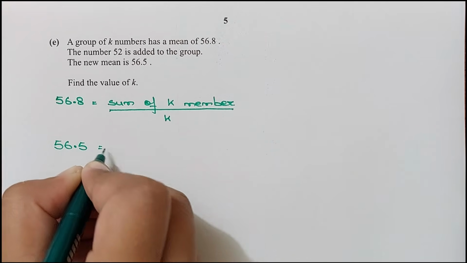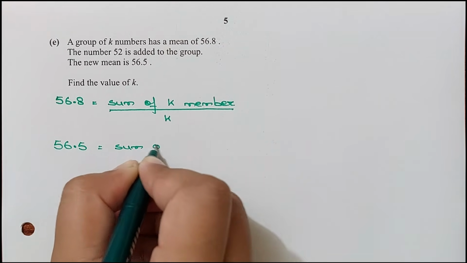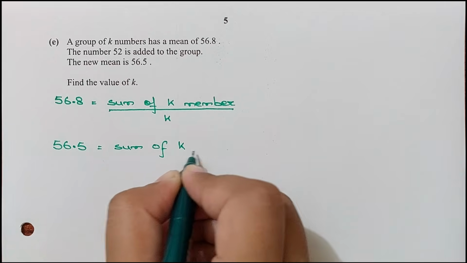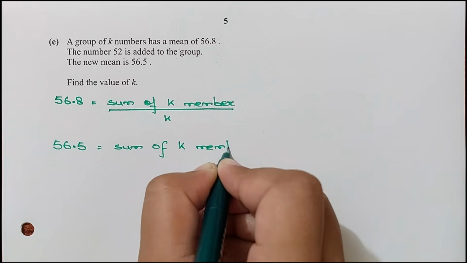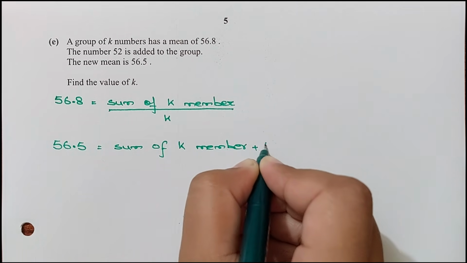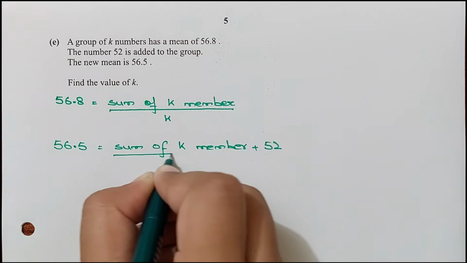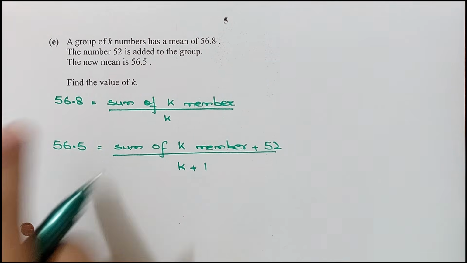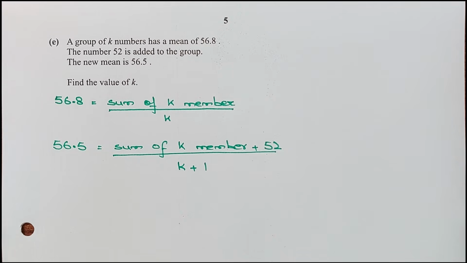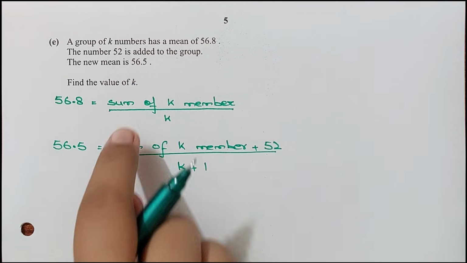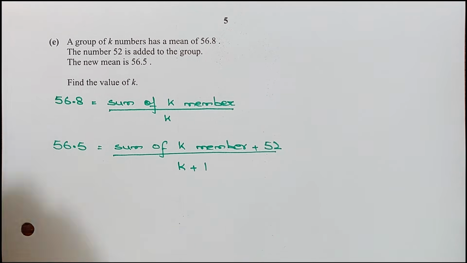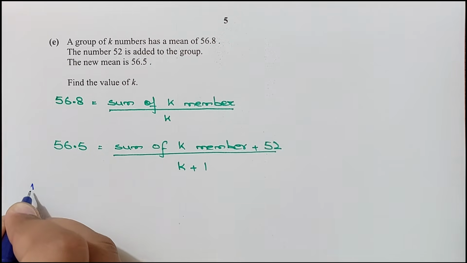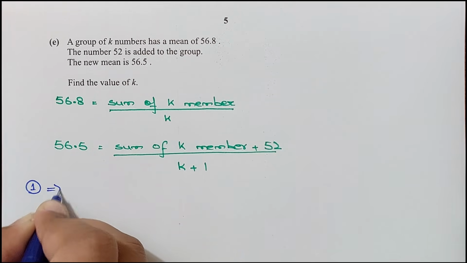56.5 is the new mean, which is the sum of k numbers plus 52, divided by k plus 1, as one more number is added, right? Find the value of k. From both equations, let me solve for the sum of k numbers.